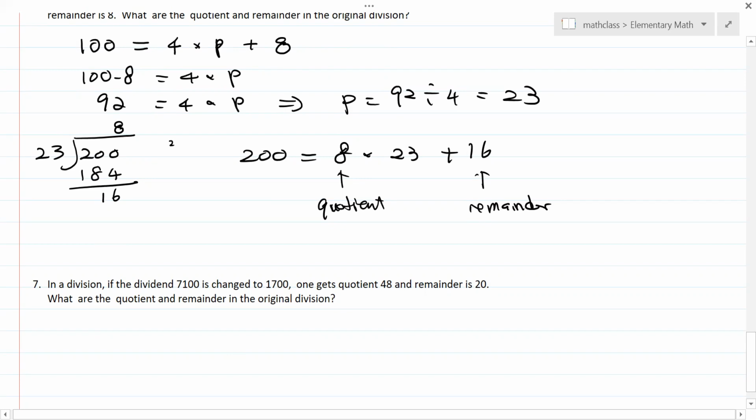What are the quotient and remainder in the original division? Somebody got 202 and 30.